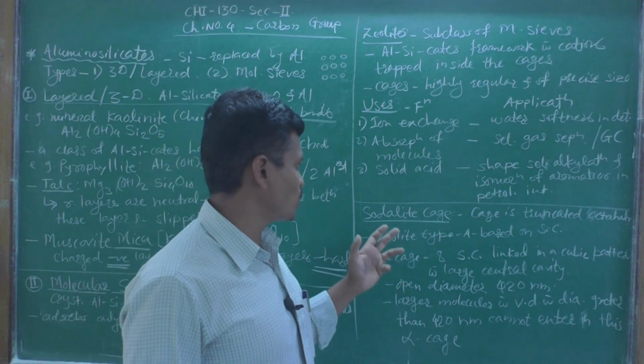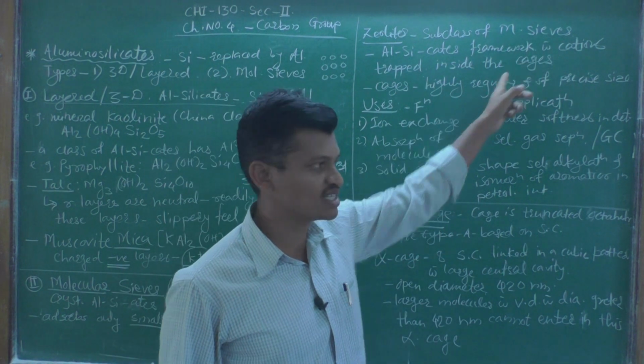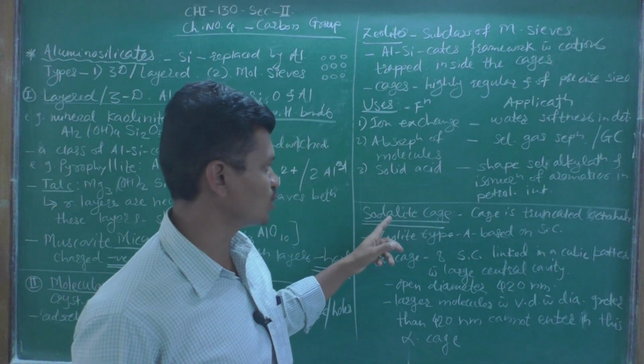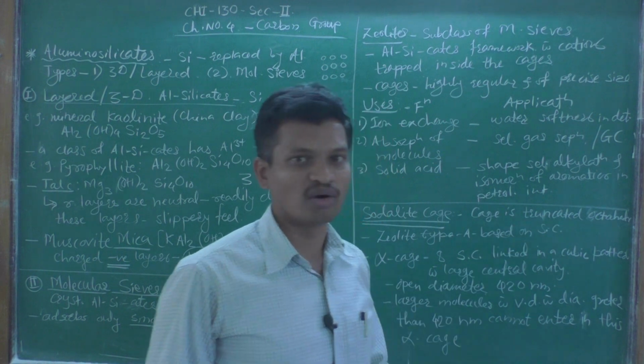Now, what is meant by sodalite cage? We are discussing the same cage, but this is a special cage known as the sodalite cage. This cage is a truncated octahedron.